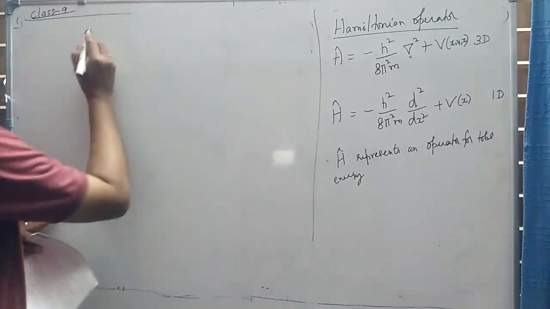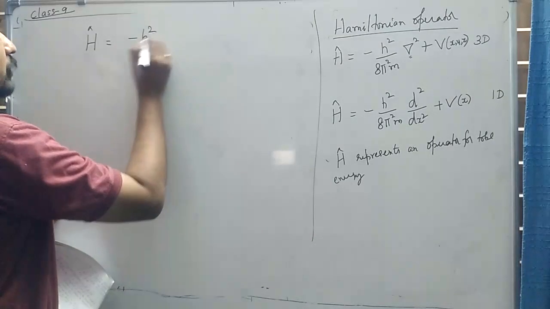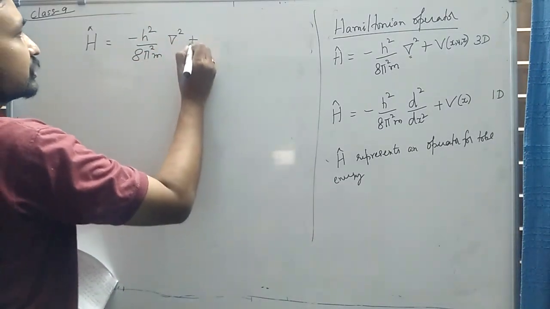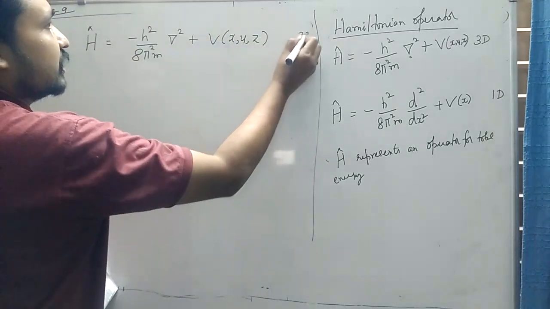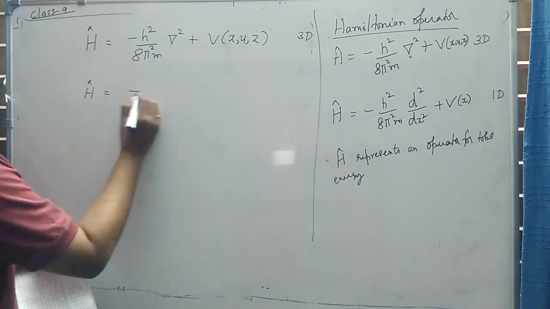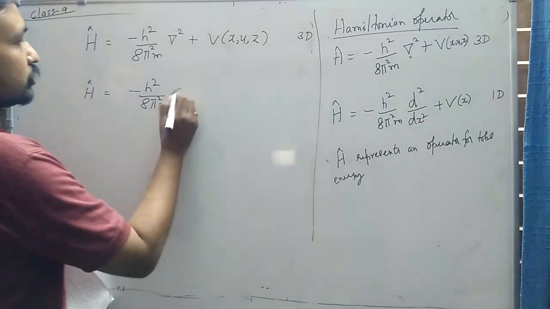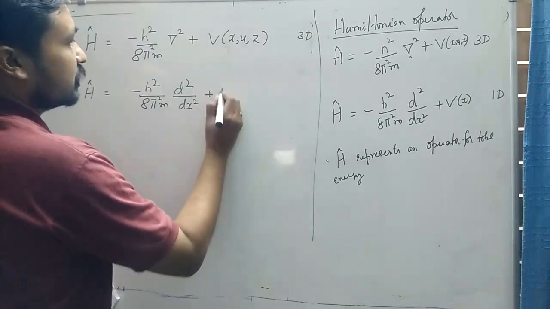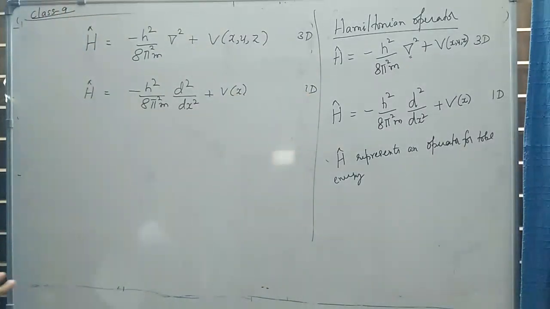So let me write the Hamiltonian operator again. H is equal to minus h square by 8 pi square m into del square plus V of x, y, z. This is the three-dimensional expression, or you can write H is equal to minus h square divided by 8 pi square m into d square by dx square plus V of x, which is the corresponding one-dimensional expression.